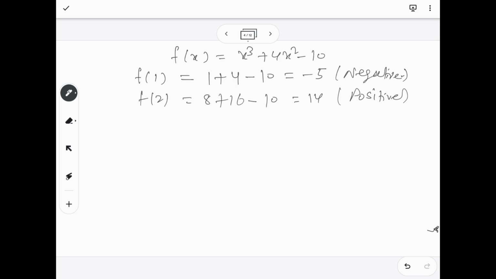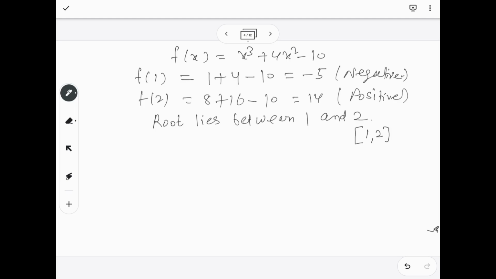So now here in this particular example, we can see that the root lies between 1 and 2. This is the interval within which the root lies.